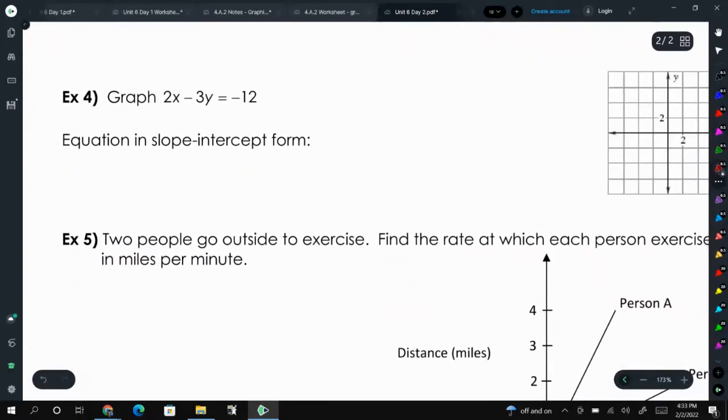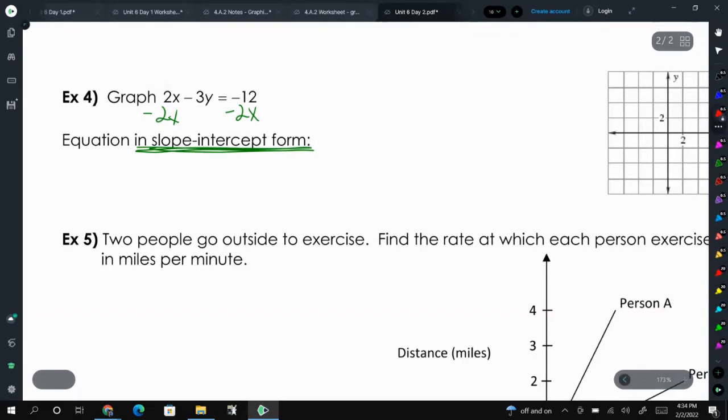So example number 4, graph this equation. We're going to graph that, but also write it in slope-intercept form. This means you have to get y by itself. So to get y by itself, first we're going to subtract 2x from both sides.